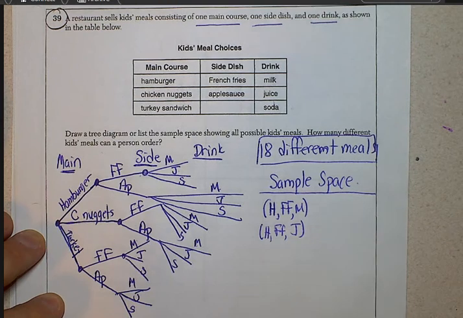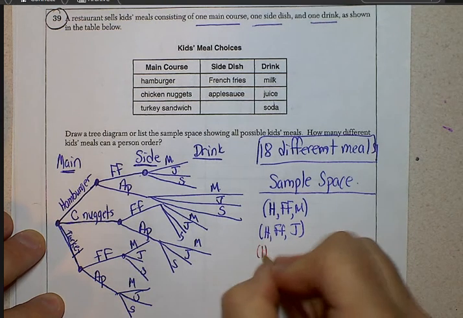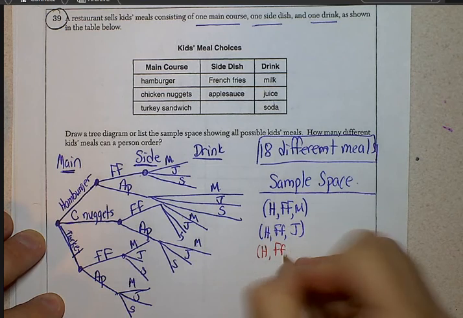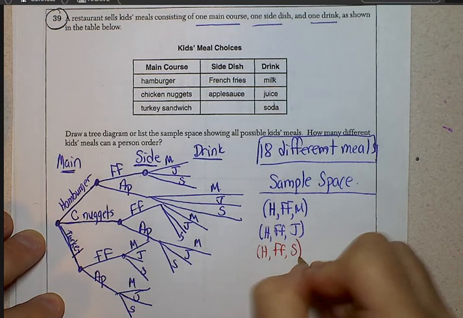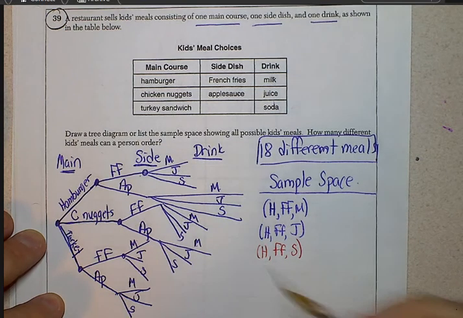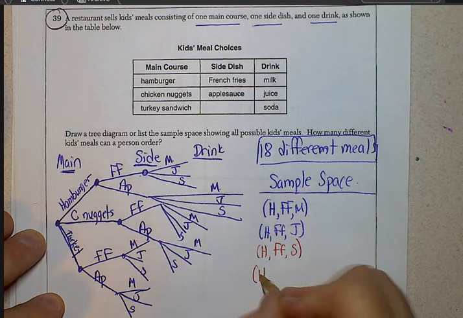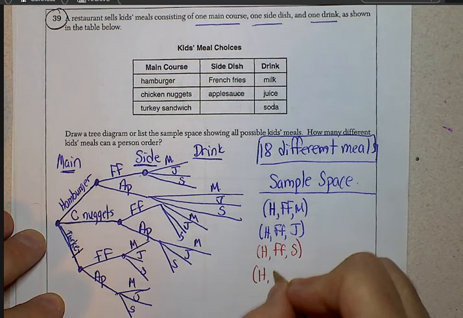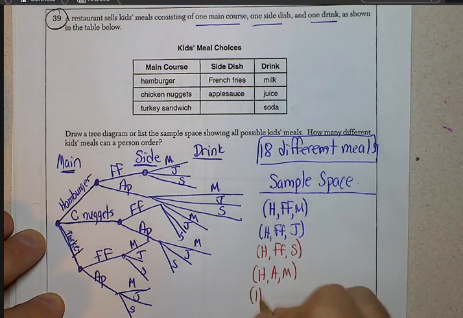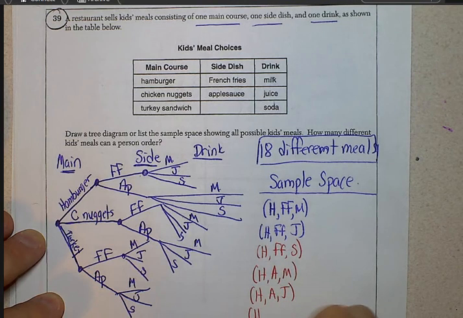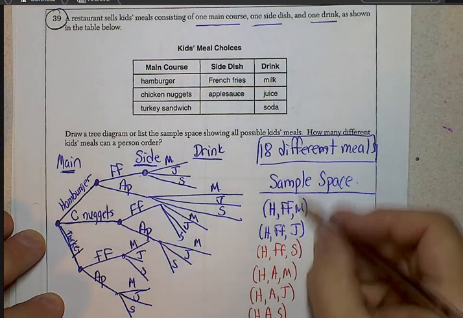Hamburger, French fries, followed by a soda. That's everything that can happen with a hamburger and French fries. Now let me change my side. How about hamburger, applesauce, and milk? How about hamburger, applesauce, and juice? How about hamburger, applesauce, and soda? All right, so that's everything that can happen with a hamburger.